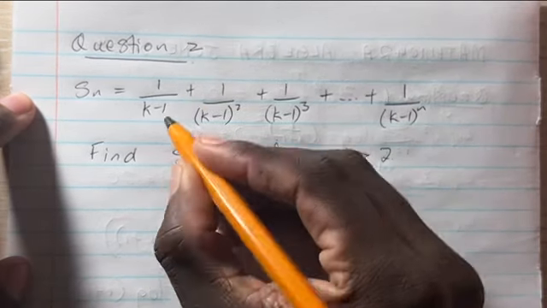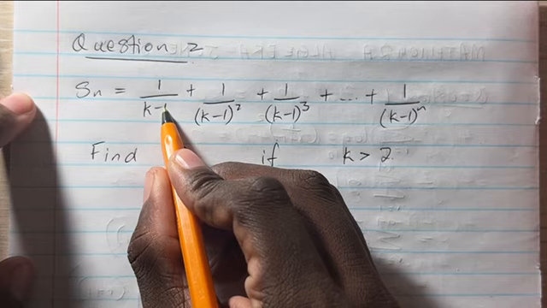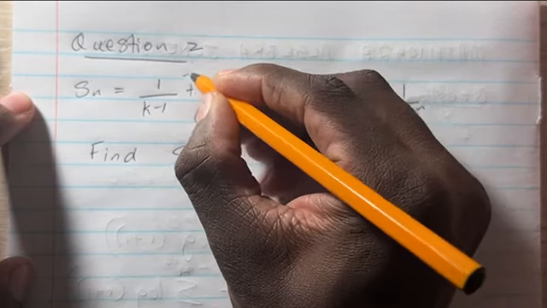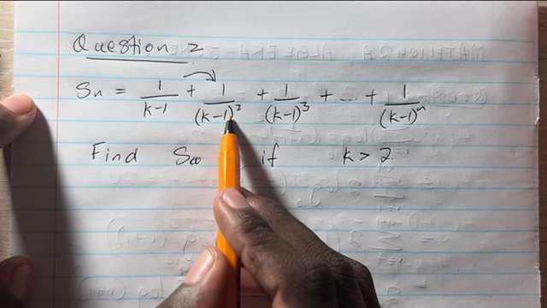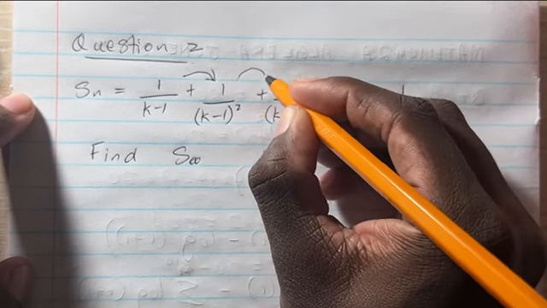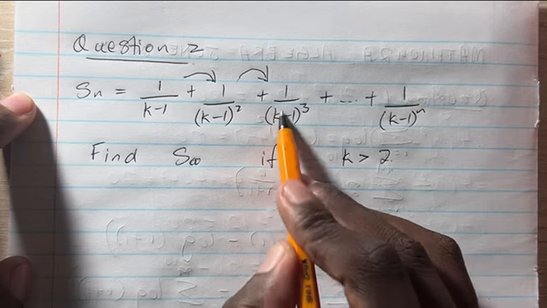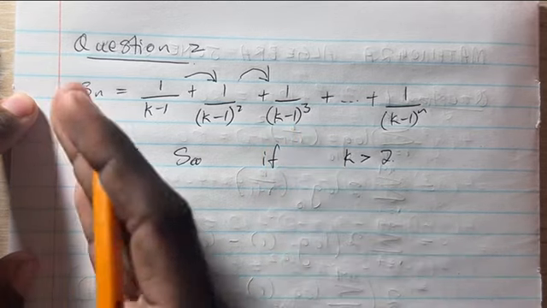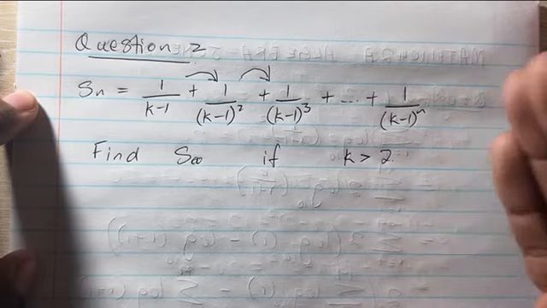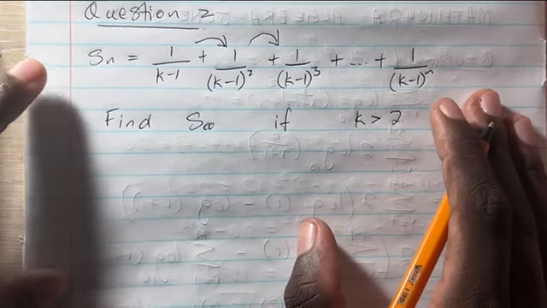Now let's look at this. Moving from here to here, you just multiply by 1 over k minus 1. Moving from here to here, just multiply by 1 over k minus 1 again. So to every next term, you just multiply by 1 over k minus 1.